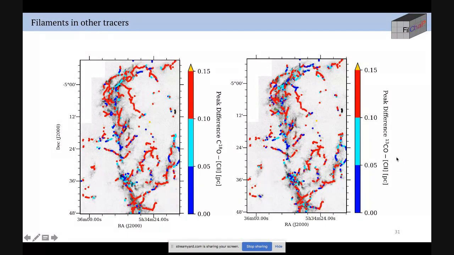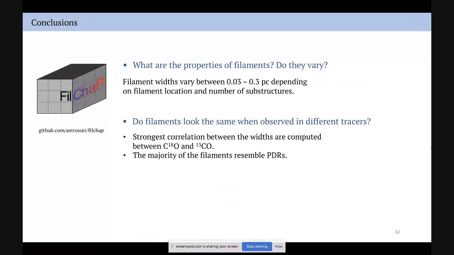It's also valid for 13CO. So my takeaway point is that if this chemical layering that resembles PDRs is happening, the Orion bar may not be the only PDR in Orion. So I will leave my conclusions here, just basically summarizing what I've just said. Thank you very much.